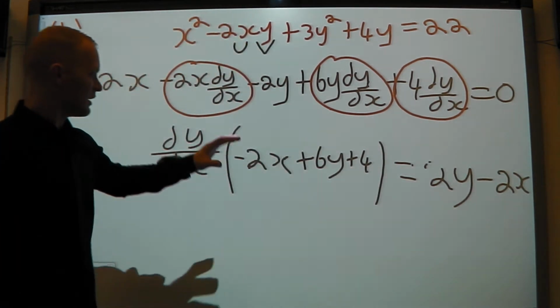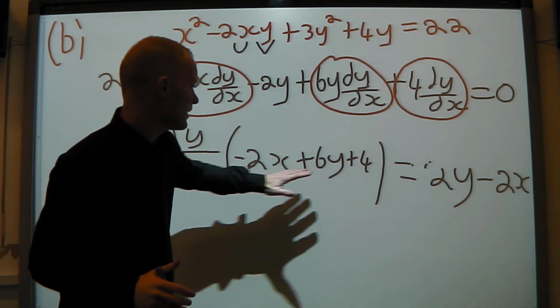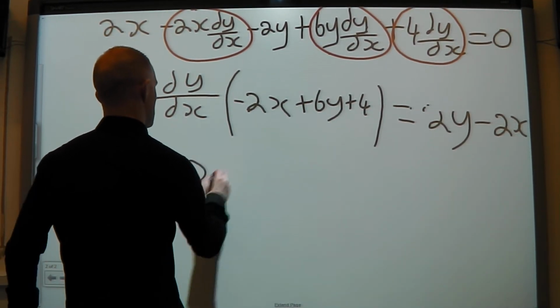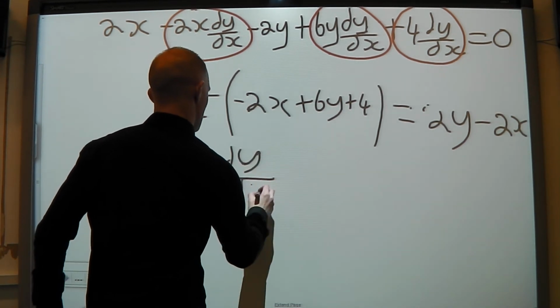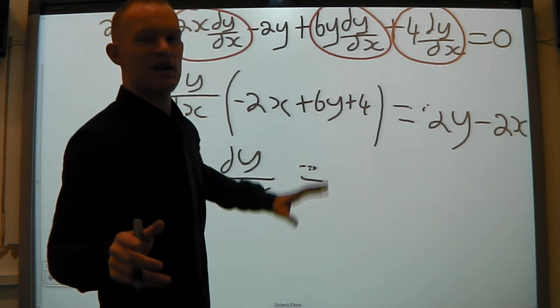Now, we want to get dy/dx on its own, so we're going to divide both sides of the equation by this term here. So that implies dy/dx is equal to, but I'm going to take out 2 as a factor as well as divide it.